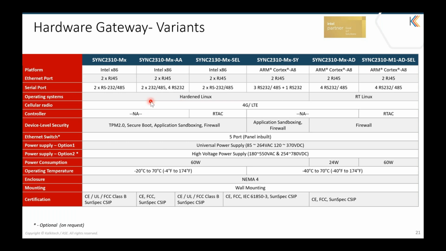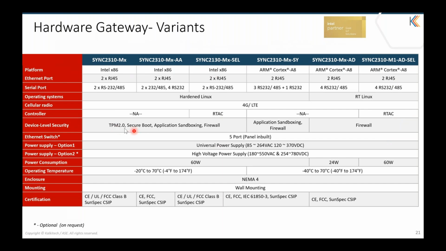Some of the hardware has hardened Linux, some has the RT Linux system, and some has attack controllers. You can see that the cell attack is provided as part of some of the models, where you have one for the Intel box and one for the ARM-based box as well.